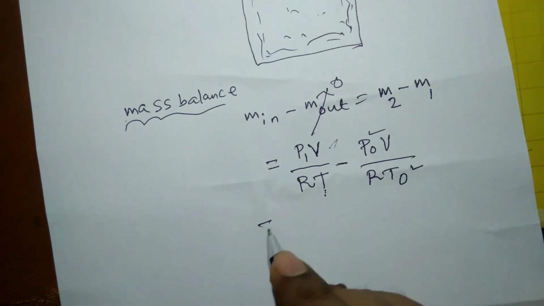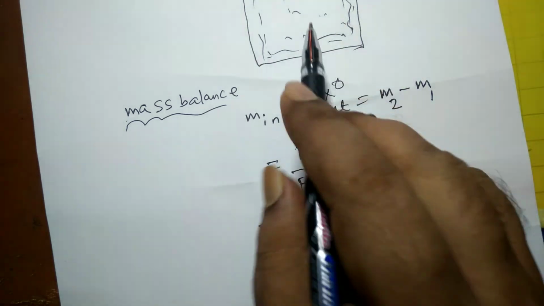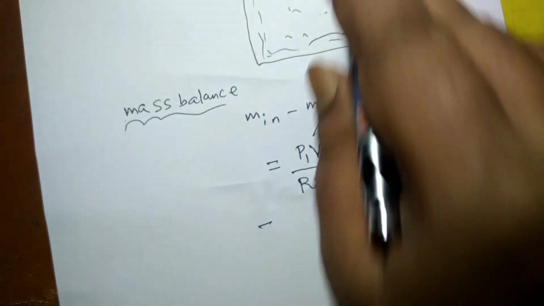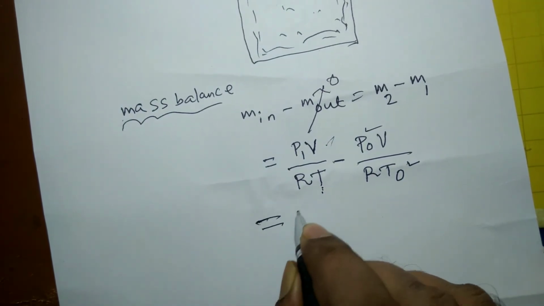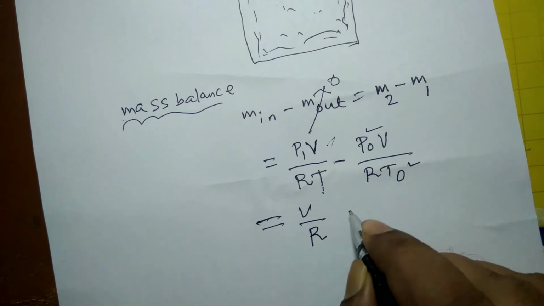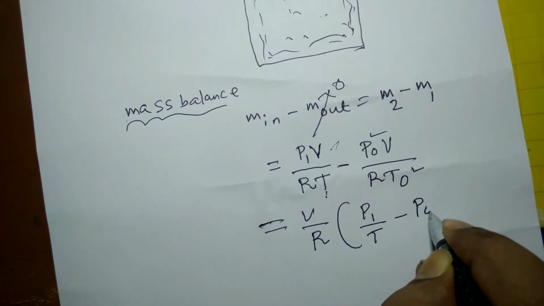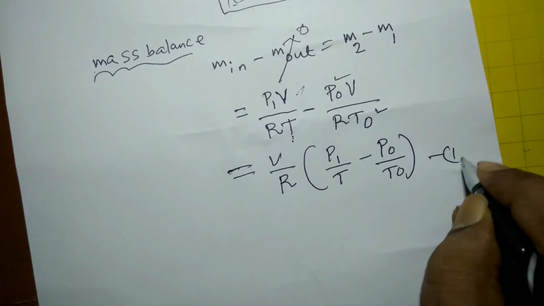Pressure of the line is P1. P1 is greater than P0. That's obvious. And once the pressure rises and reaches P1, then the process will stop. So m in is equal to this much, I can take V by R common, so that will be P1 by T minus P0 by T0. सपोज दिस इज योर इक्वेशन 1.